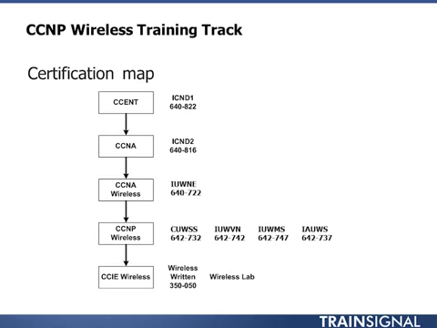You've then got the more advanced exams, which go into more detail on site survey, voice, mobility, and security. And if you take all of those exams, then you'll get your CCNP. And then you can go on beyond that to do the written wireless and the lab wireless and become a CCIE wireless. These credentials take you through a nice path of evolution and really good understanding of the wireless network.